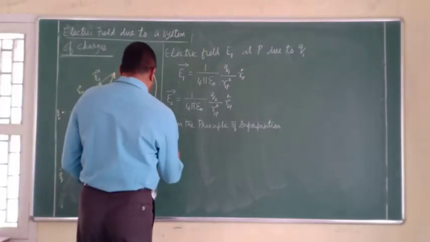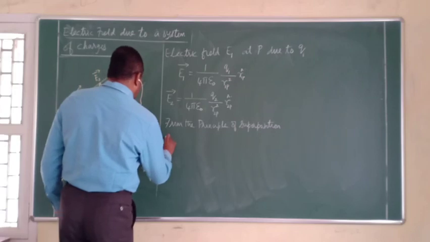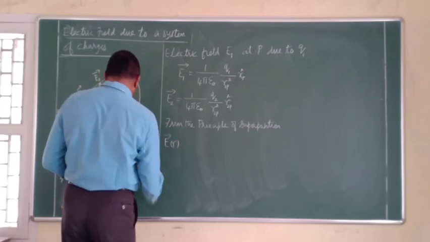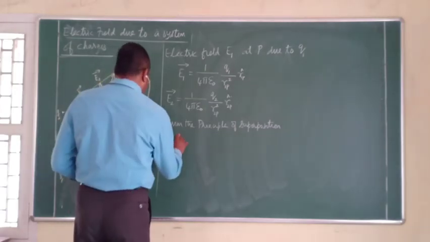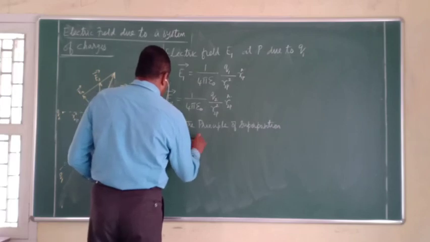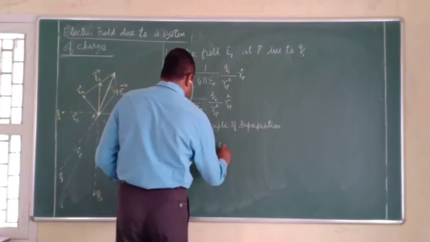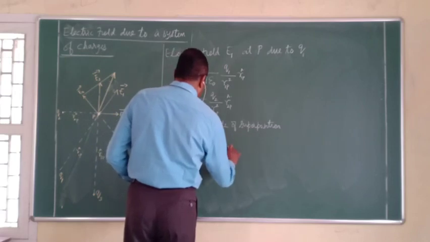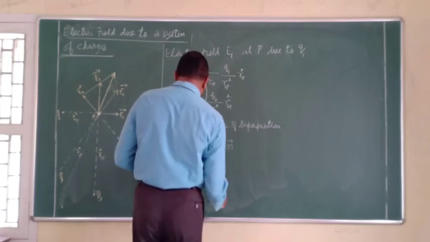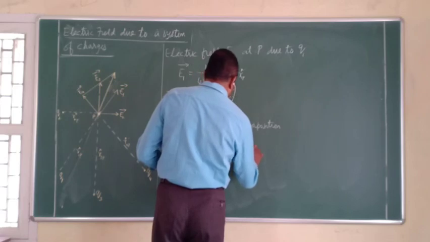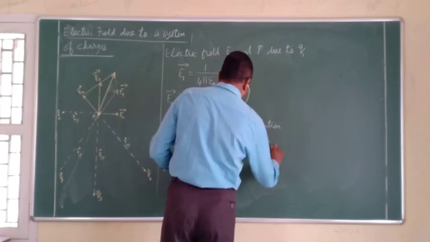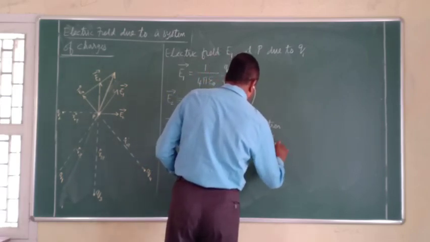Therefore, E vector at R, if I say position vector is R, E1 vector R vector plus E2 vector R vector plus dot dot dot En vector R vector.